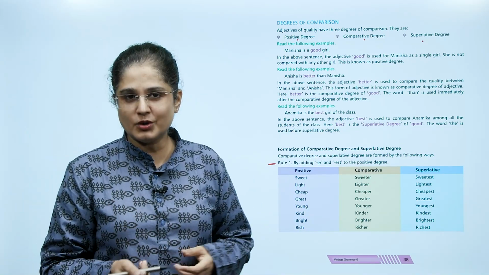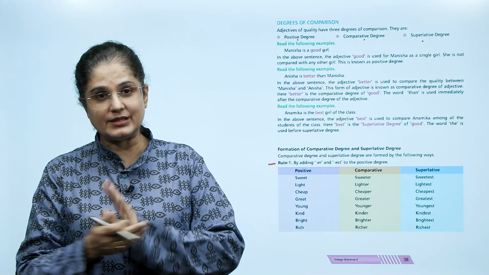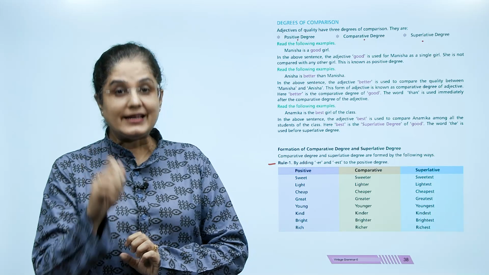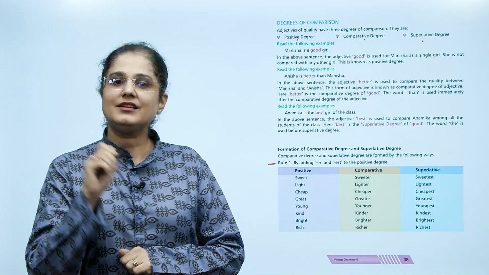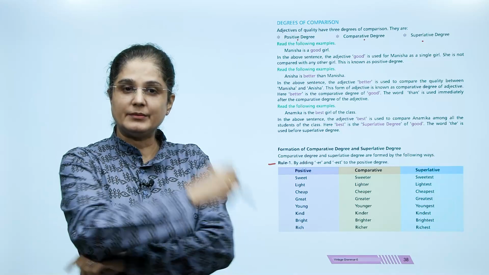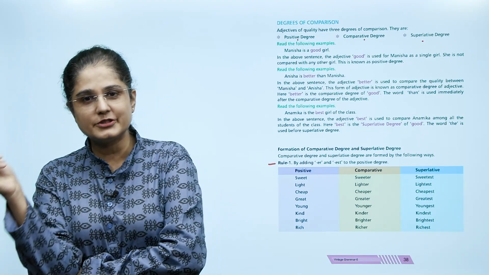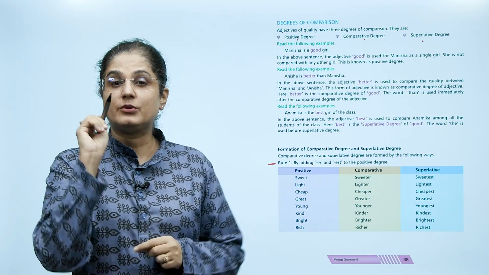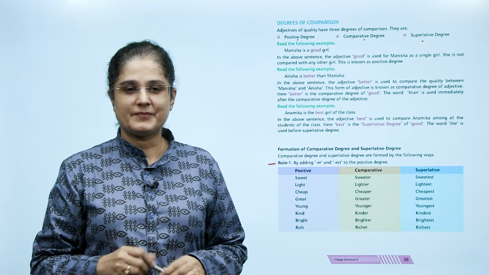Let us see a few more examples of adjectives in positive, comparative and superlative degrees. Light is the positive, lighter is the comparative and lightest is the superlative. Similarly, cheap becomes cheaper or cheapest for superlative. Great becomes greater for comparative and greatest for superlative.